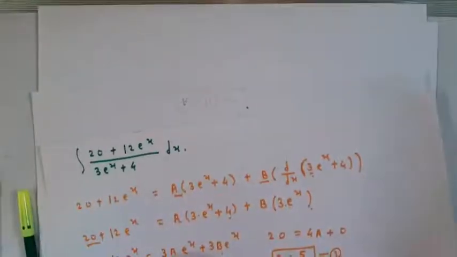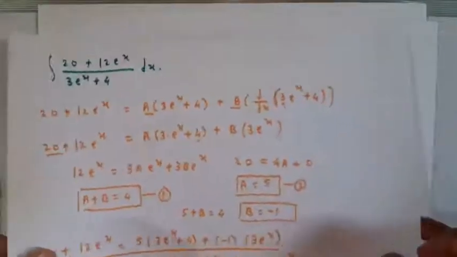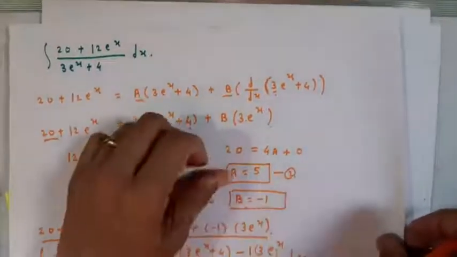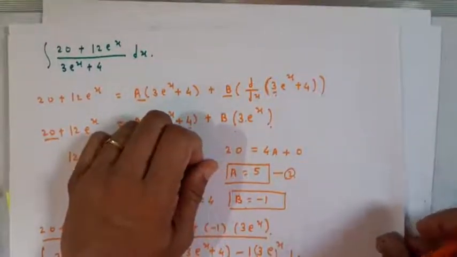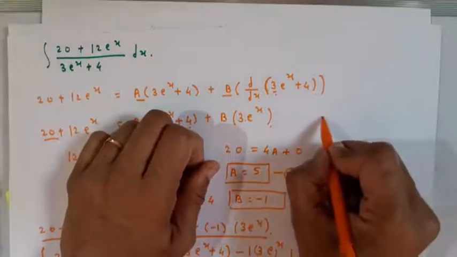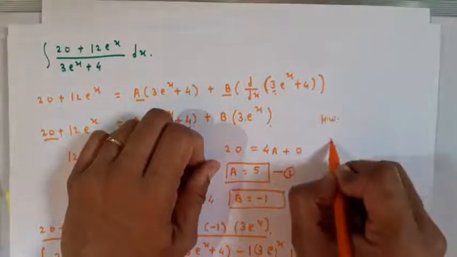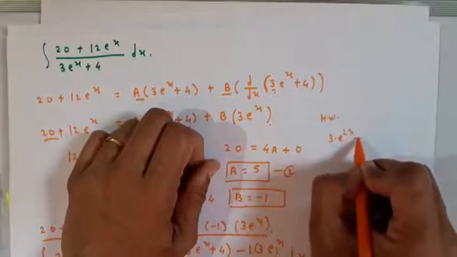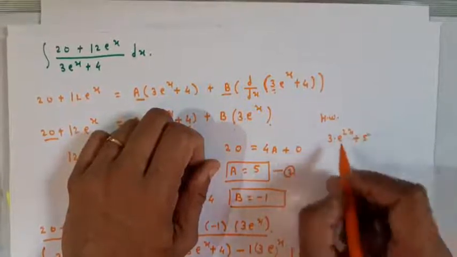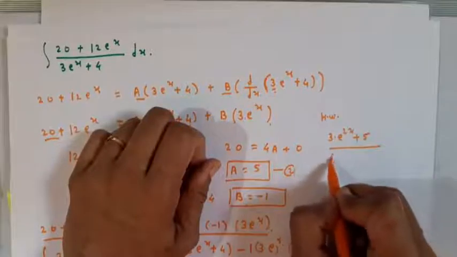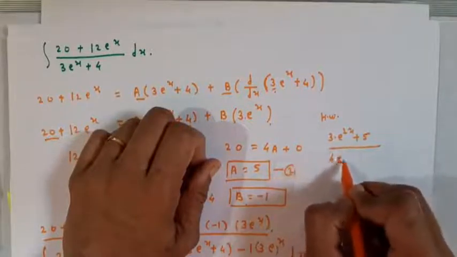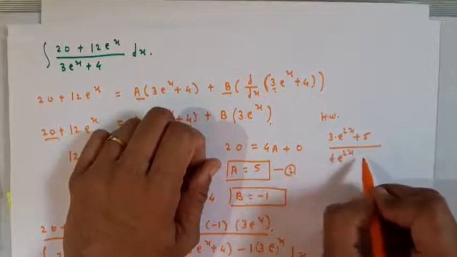Okay students, so please take two problems as homework. The problem is to evaluate the integration of 3 e raised to 2x plus 5 upon 4 e raised to 2x minus 5.